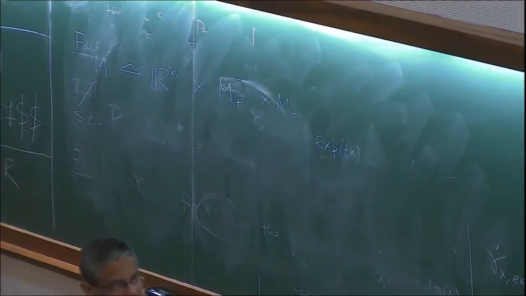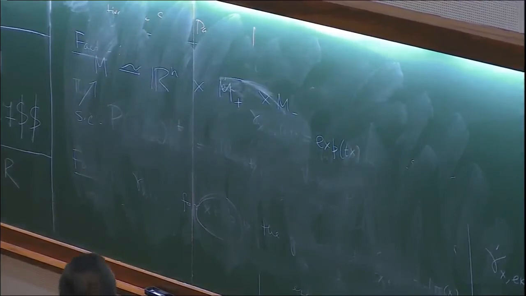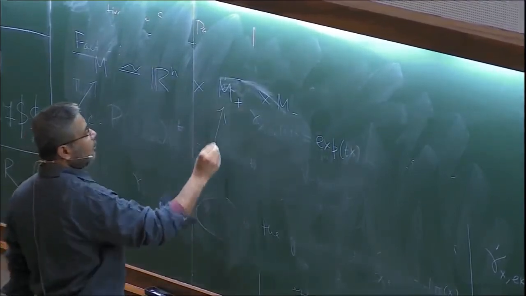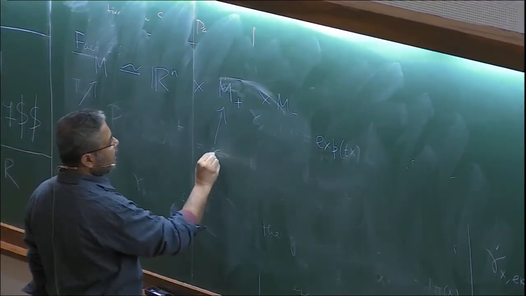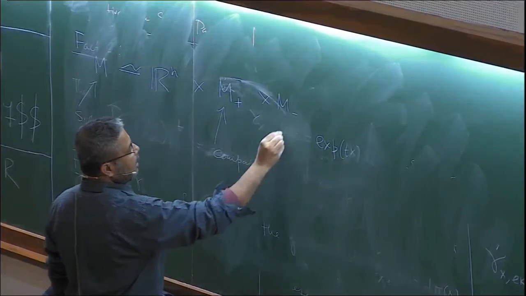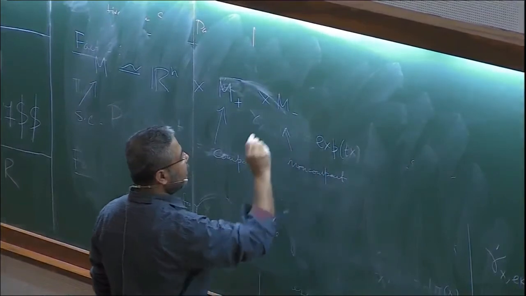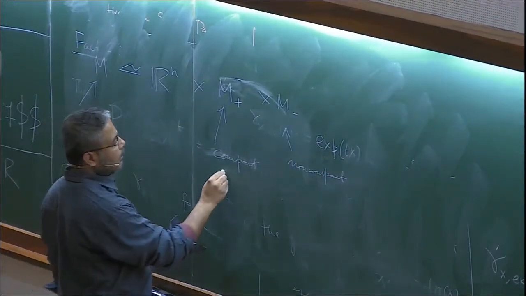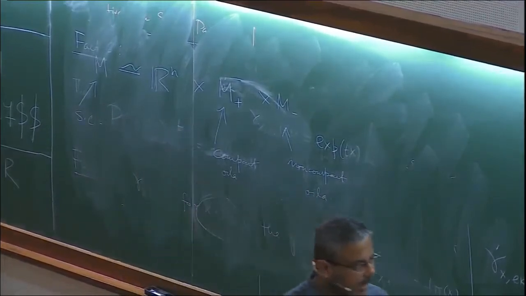M plus is all the factors coming from non-compact irreducible Lie algebras, and M minus is arising from compact ones. And there is a reason why I have written the plus and minus signs. Here is the reason.